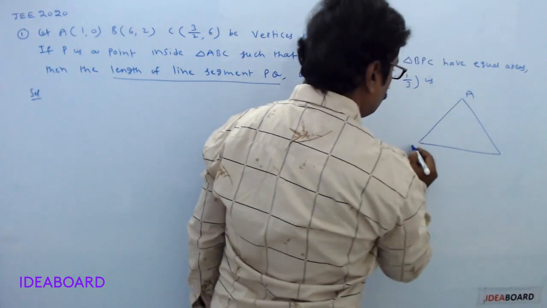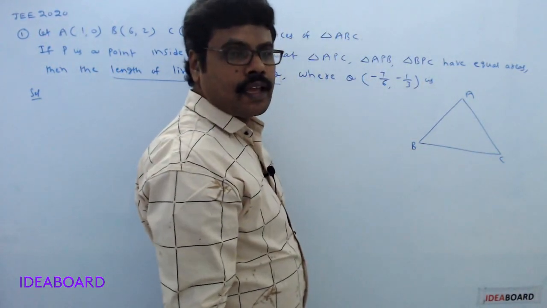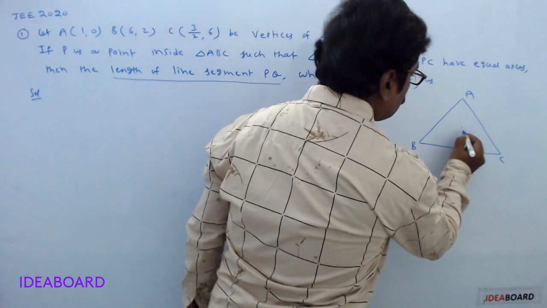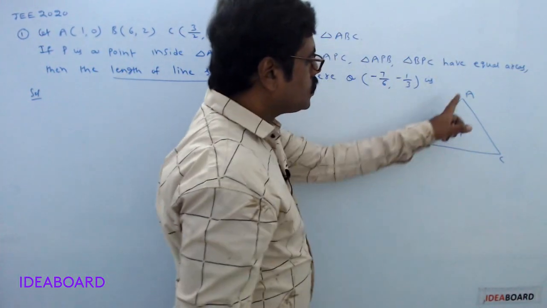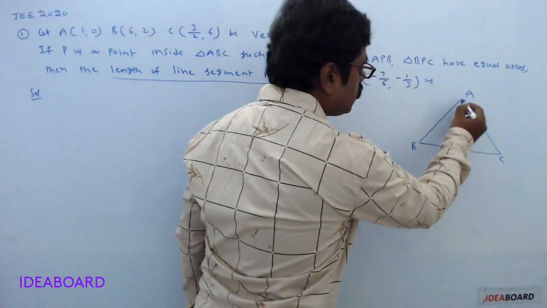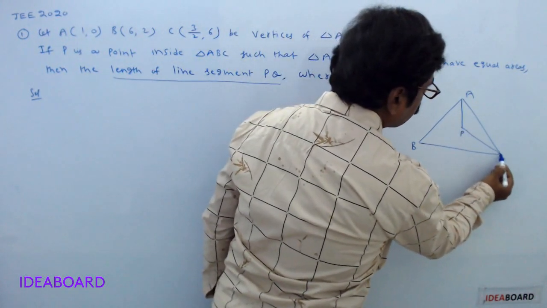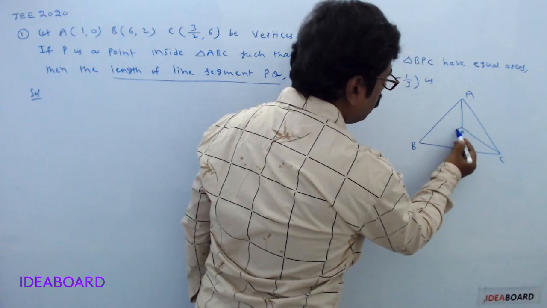Now A, B, C are the vertices of the triangle. Now P is the point inside triangle ABC. Now join the points A and P, connect the points P and C, connect the points P and B.